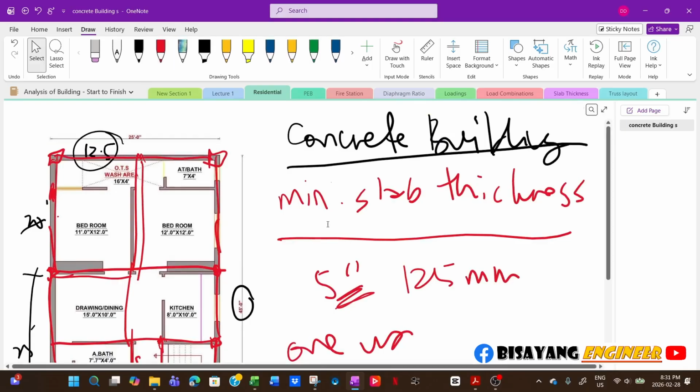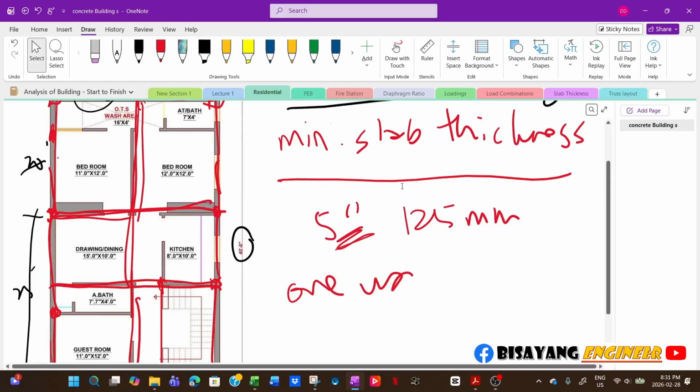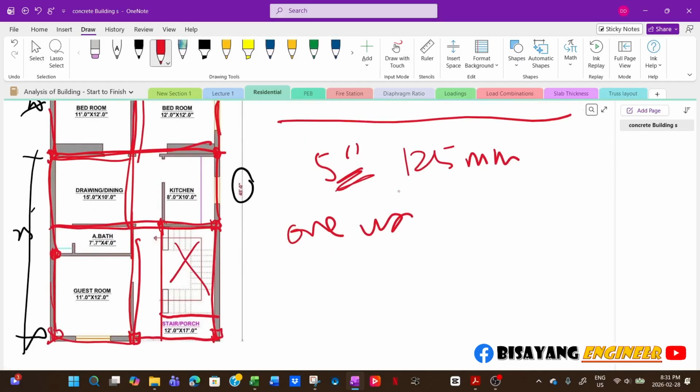So this will be your framing, and then this one would be open to below because this is your stairwell going up and down. So assuming this is the second floor framing plan, this will be your framing.